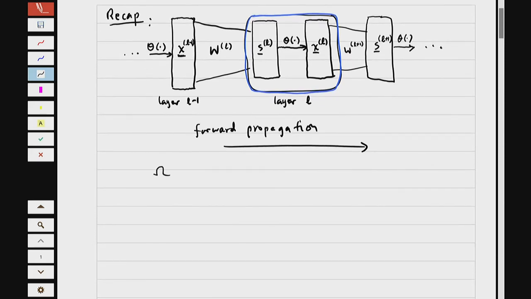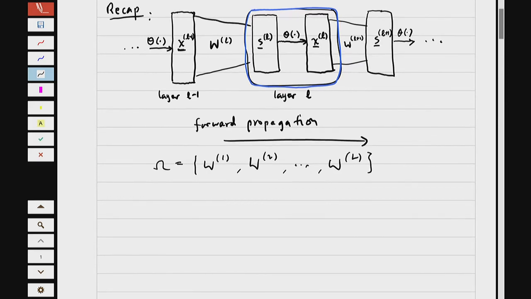But just to review the notation that we use, we continue to use the same notation. We have these weights of the multiple layers all the way until layer L. Each one of these is a matrix. And we have a loss function that we need to minimize, which is E_n of omega, with respect to the nth sample point.